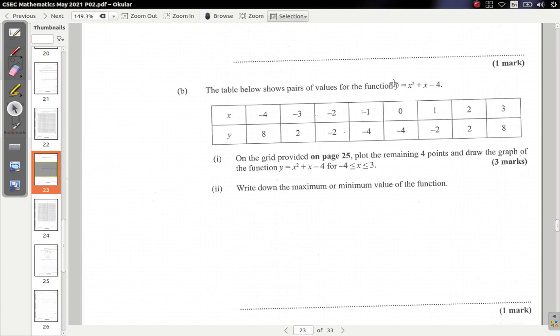So you have x, you have y. On the grid provided on page 25, plot the remaining 4 points and draw the graph of the function y equals x squared plus x minus 4 for x greater than or equal to negative 4 and less than or equal to 3.